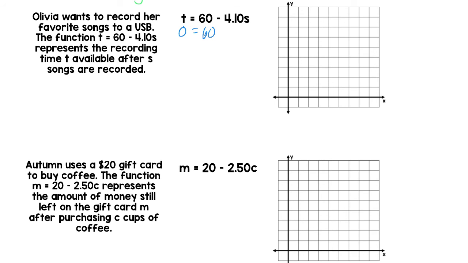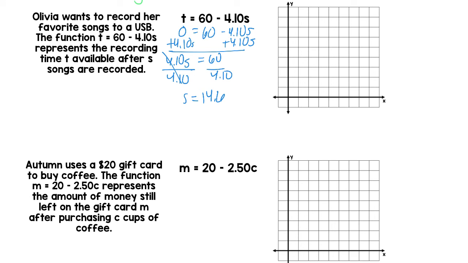And that 0 equals 60 minus 4.10s. We want to get s alone. So we've got 4.10s is 60. Divide both sides by 4.10. We get s is 14.6-ish.